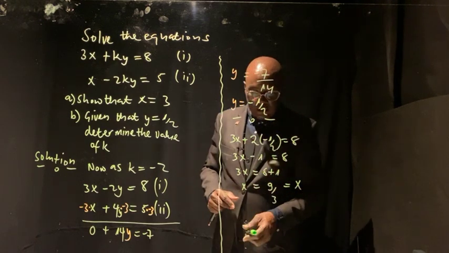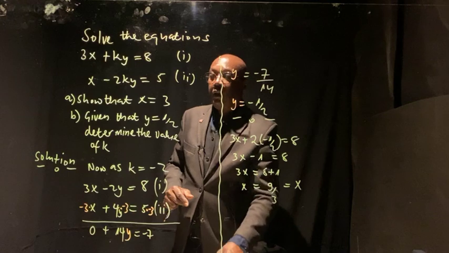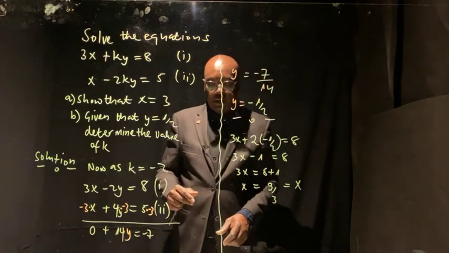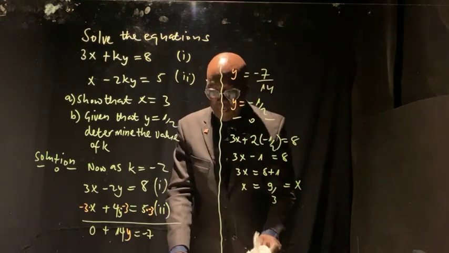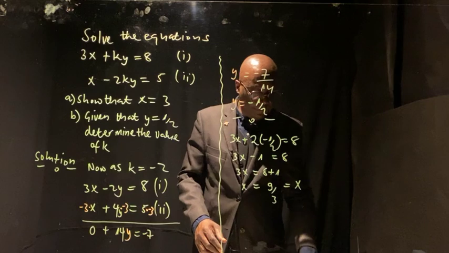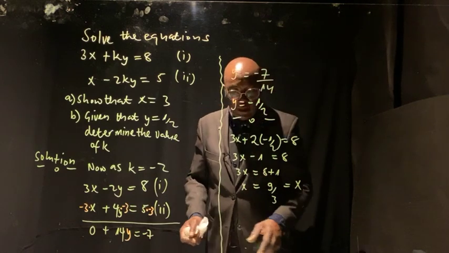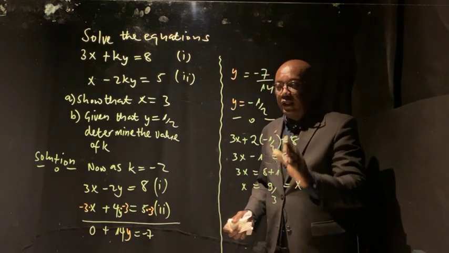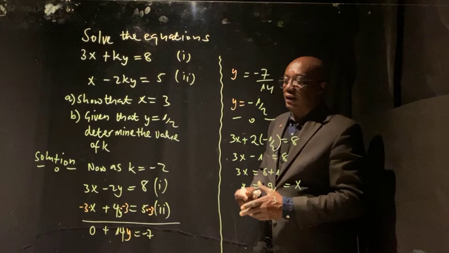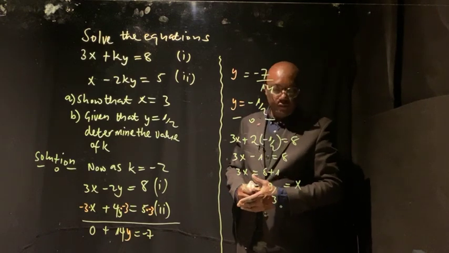Now, take it this way. This is the original simultaneous equation. Take your time, copy it. I'll wipe this section again, and we'll try to sketch the graph if possible.